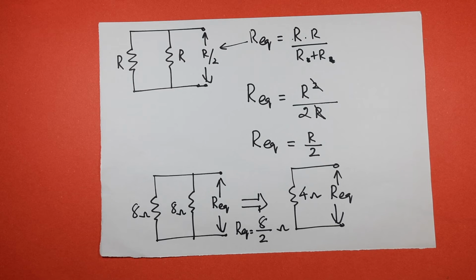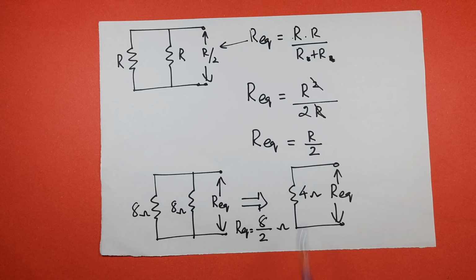Say for example, I have two resistors, 8 ohm, 8 ohm, both are the same, right? Connected in parallel. So what is its equivalent? 1/2 of 8. So R equivalent equals 8 by 2, that is nothing but 4 ohm. Just by seeing, you can immediately tell the answer.